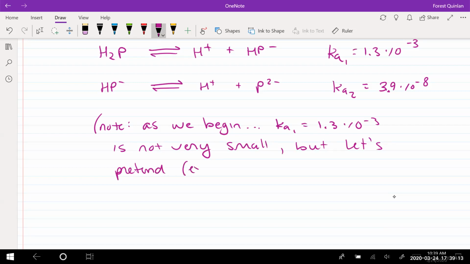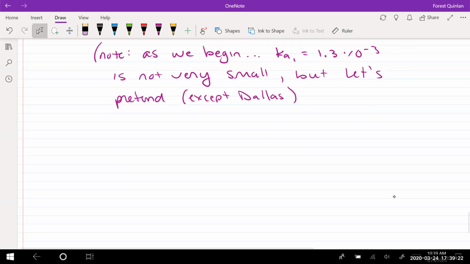Except Alice, who's going to actually do the quadratic for us just to see it. Oh, that was an awful pretend. Come on. Call me out on my handwriting here. So let's pretend, except Dallas, to save us from quadratic.